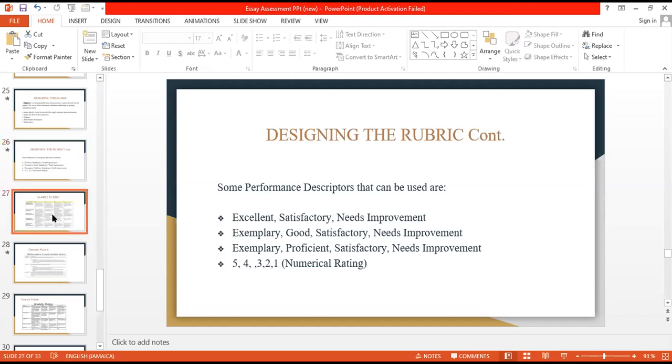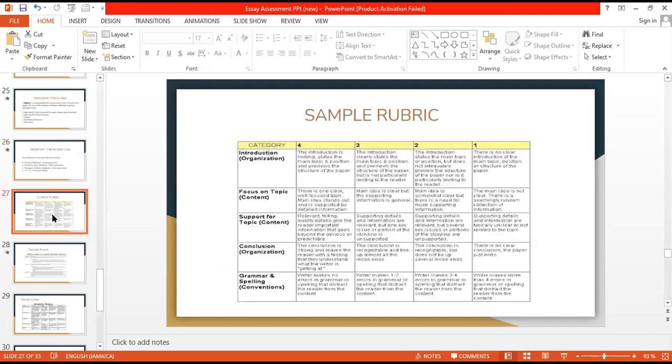So for the performance descriptors, we want to show the student what an excellent grade would look like, or what a grading for satisfactory would look like.